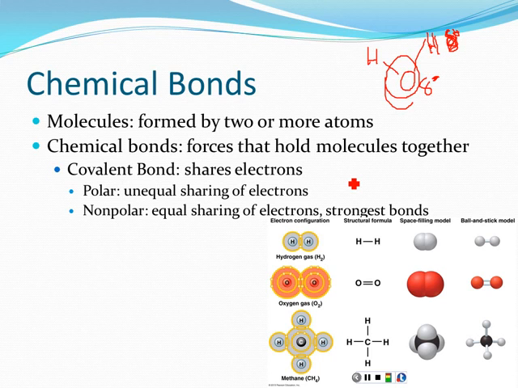So like this hydrogen, this oxygen, and this methane here equally share it. So these are nonpolar molecules. And the nonpolar covalent bonds are the strongest bonds of them all. So something to take note of, that covalent bonds in general are the strongest ones, nonpolar even more so.